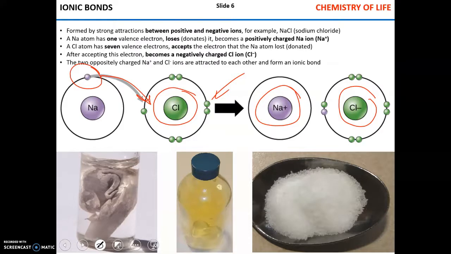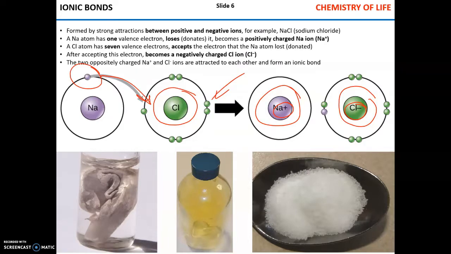Thus, sodium becomes positively charged, a cation, and chlorine becomes negatively charged anion. These oppositely charged sodium and chlorine ions are attracted to each other. Okay?